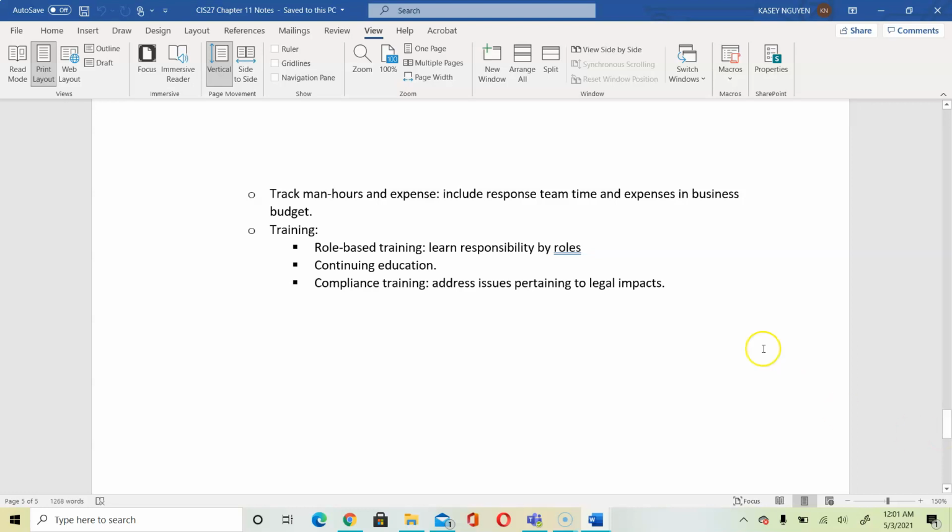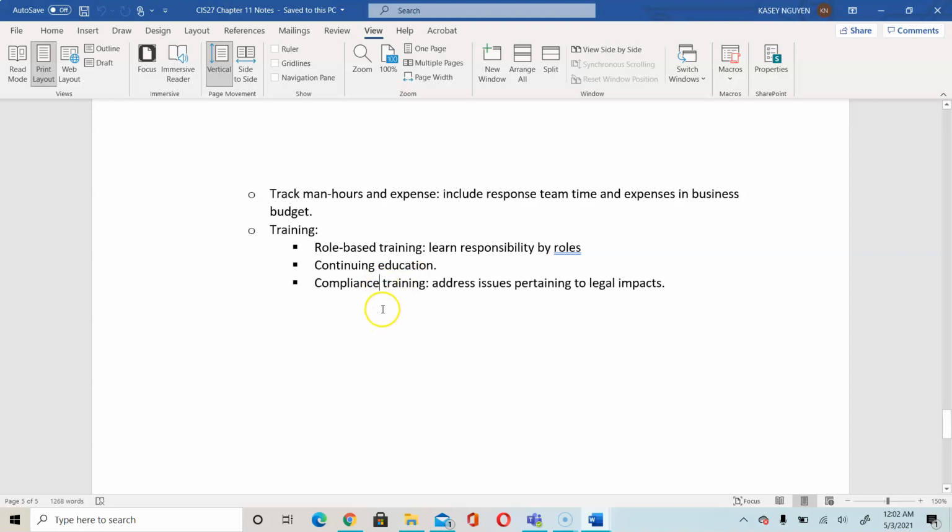And overall, everyone can benefit from continuing education, obtaining certifications, learning new tools and technology that's going to help the organization in responding to incidents and handling incidents properly, using tools that will be efficient for the amount of time and the budget that's being used.